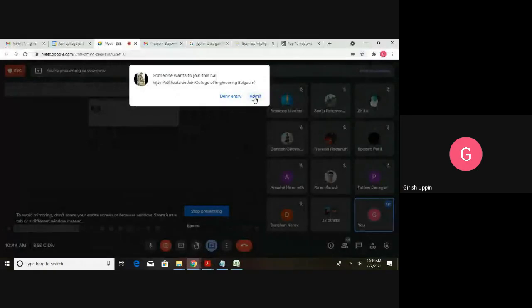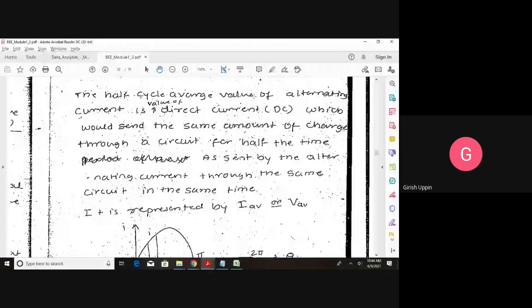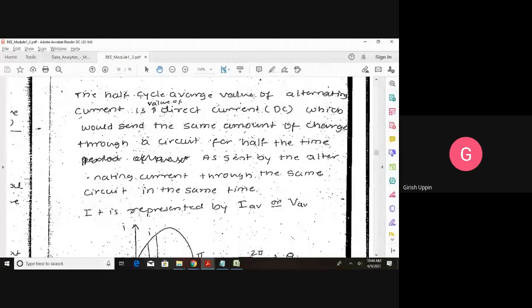From a mathematical perspective, we already understood what a half cycle average is. One definition is all the instantaneous values summed together divided by the number of instances. Or I will take the area under the curve for the half cycle and divide it by the time period.